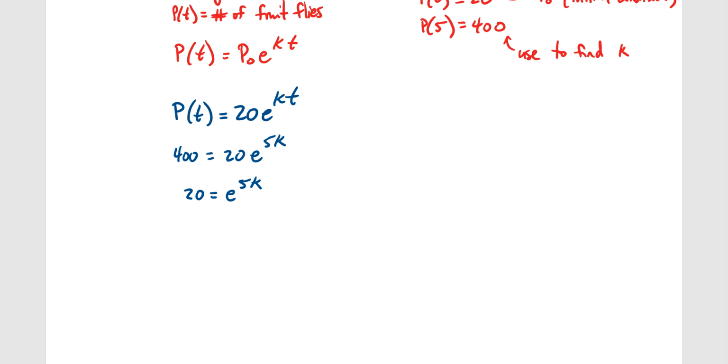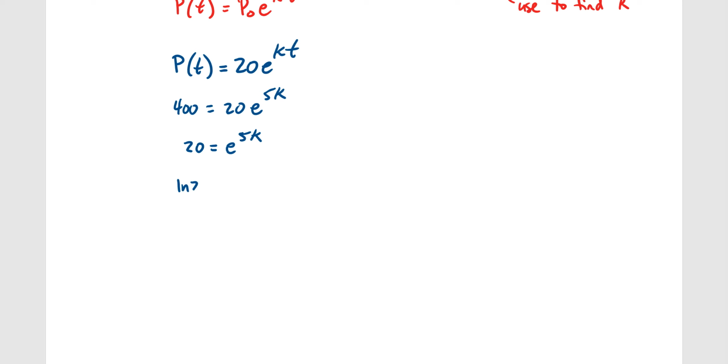Now we need to solve this for k by taking the ln of both sides. That's the ln of 20 equals 5k. Divide both sides by 5: ln of 20 divided by 5. We have to round a little bit, and we get 0.6 for our growth constant.